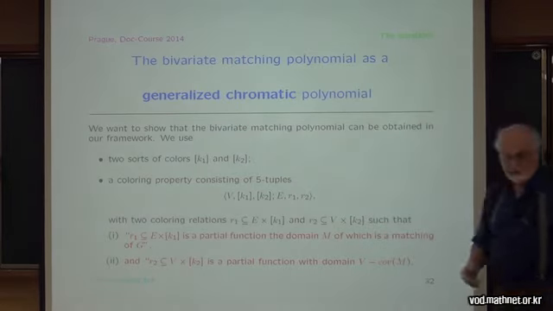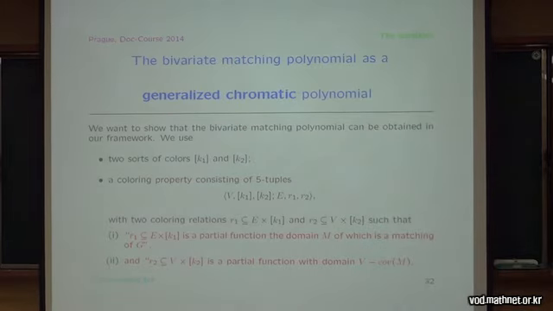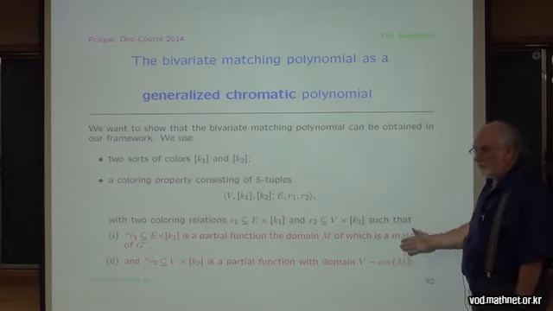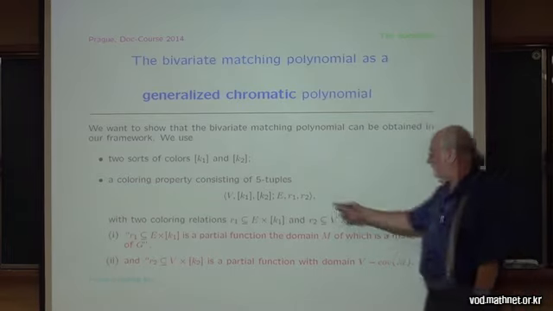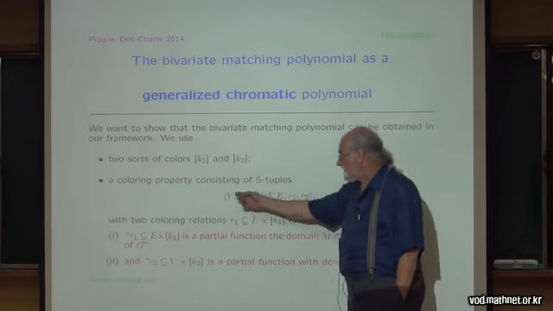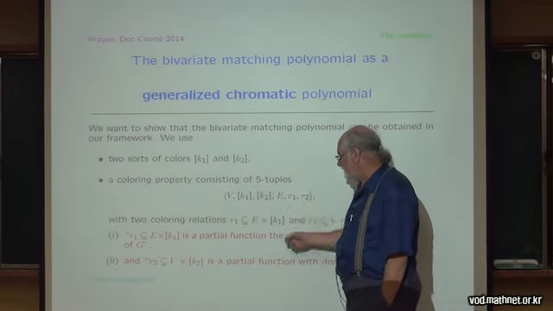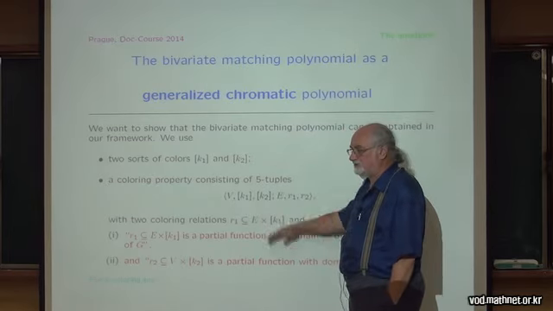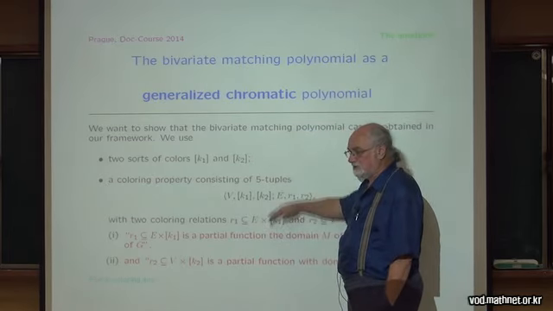And then you see that this is a coloring property in our abstract sense. So you have two coloring relations, and there is a bound on the condition, and you have these two sets of colors, and this satisfies the extension property.